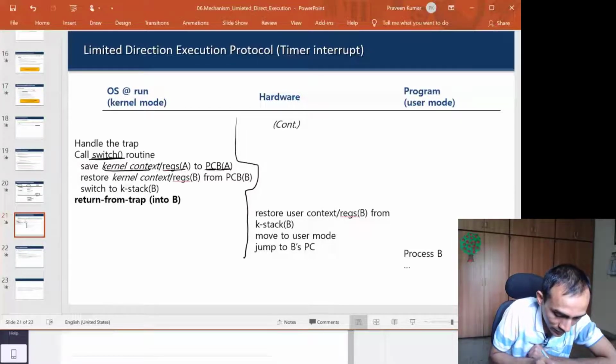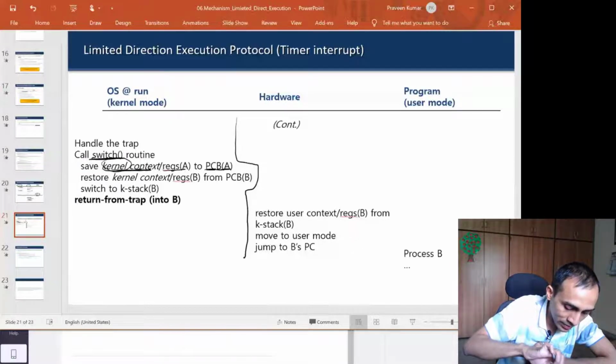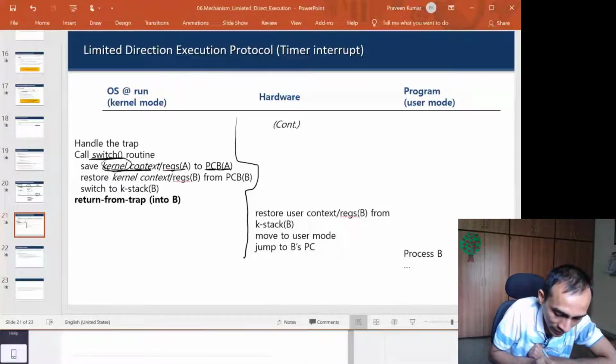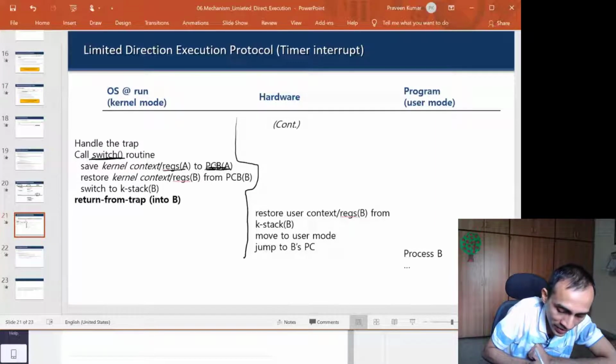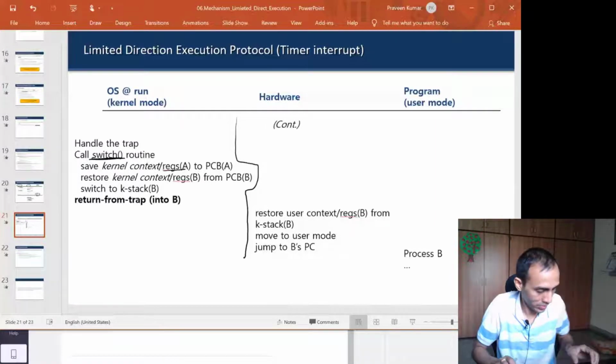So what will happen? The OS will first save the kernel context. As I said, I'll explain a little later why I'm calling it kernel context. But the thing is, it is going to save the current context of the process A into the PCB. And where is the PCB residing? It will be residing in memory.